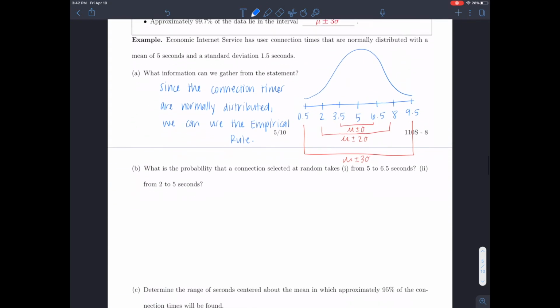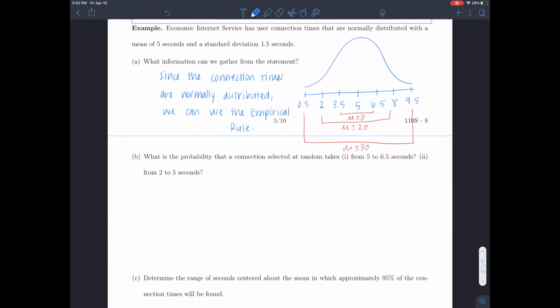So if I move on to part B, what is the probability that a connection selected at random takes, so the first part of part B is from 5 to 6.5 seconds. So if I convert this into probability notation, I'm looking for the probability that x is between 5 and 6.5. And so what I can do here is I can just go back up and look.